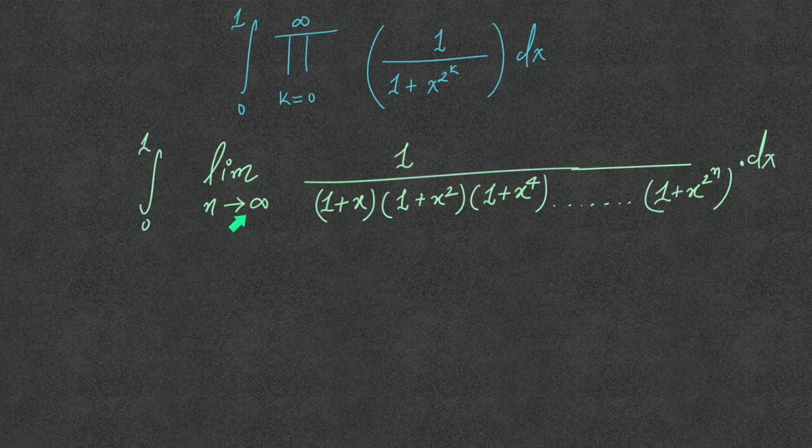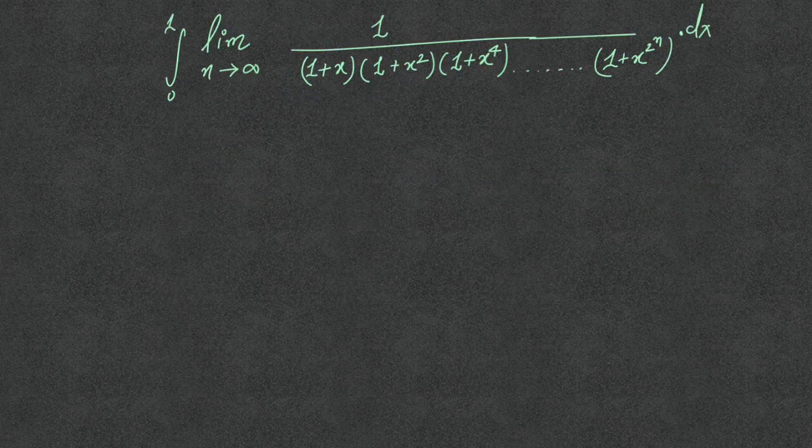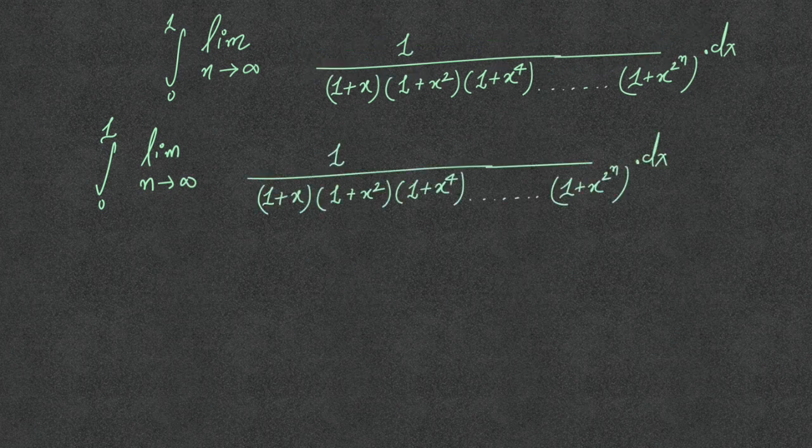Here n tends to infinity, so the last term will be 1 plus x to the power 2 raised to power n. Now in the next step, write the integration from 0 to 1, limit n tends to infinity. All the terms are the same, except we divide and multiply by 1 minus x.